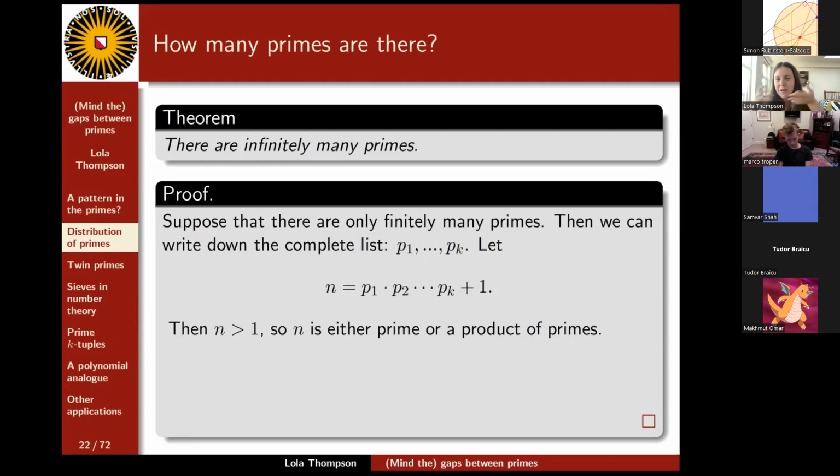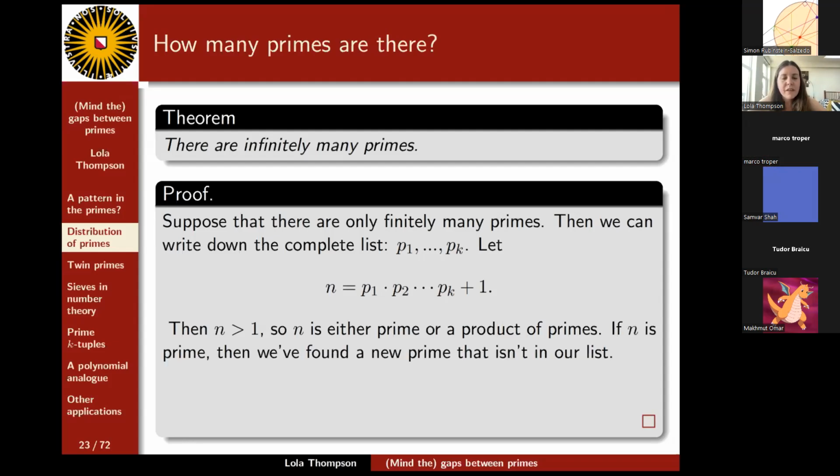Or you could think of a prime number as a product of only one number. Anyway, the whole point is that n is either factorable into primes, or it's prime itself. But if n is not prime, then we've actually found a new prime that isn't in our list.